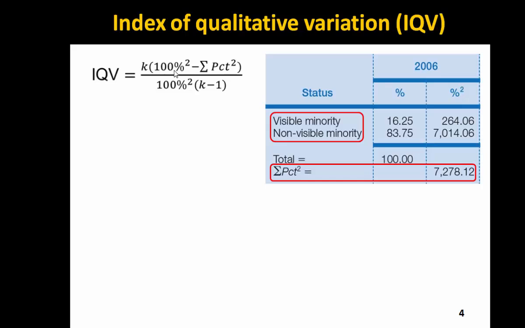Okay, presumably you've attempted this and you're restarting the video. So after we write out our equation, we go to our table and we substitute the values. We know that K refers to the number of categories.